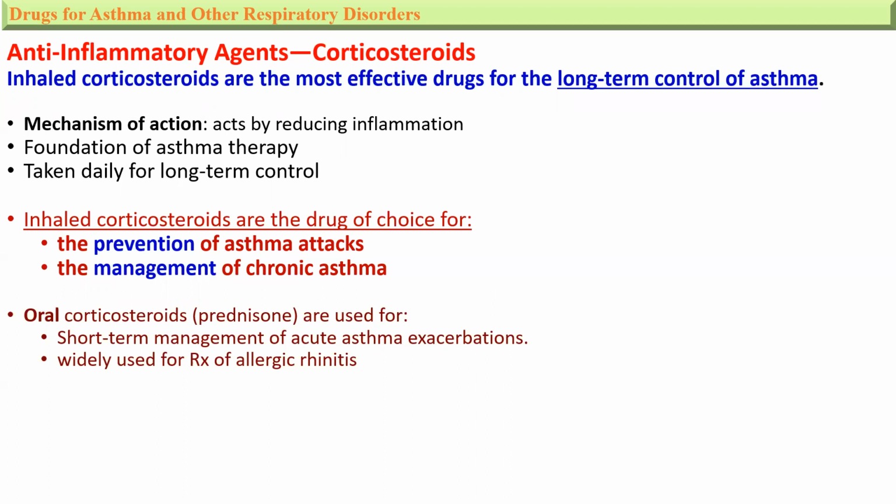So we need to frequently check the plasma levels of theophylline, monitor the liver function tests, and report any signs of toxicity like decreased appetite, nausea, vomiting, dizziness, restlessness, hypotension, or seizures. Patients should take the medication at the same time every day as prescribed.